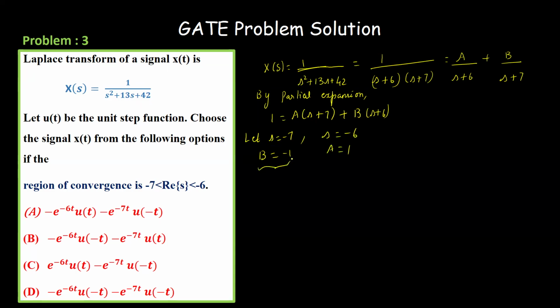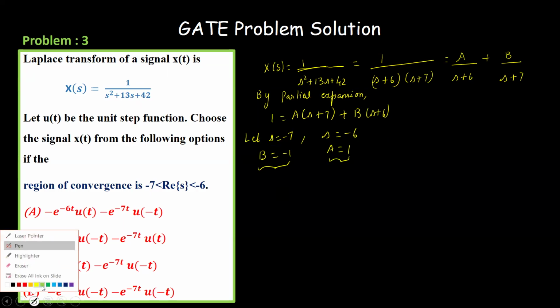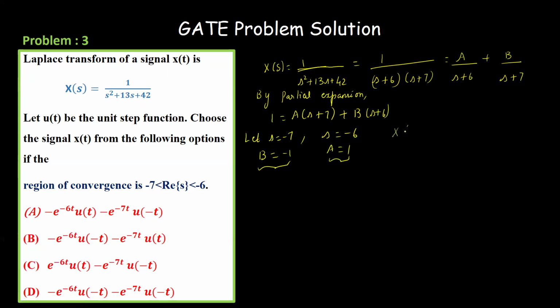So by substituting B and A in X of s, X of s will become 1 by (s plus 6) minus 1 by (s plus 7). Now we need to find the inverse Laplace transform of X of s. Before taking the inverse Laplace transform, we need to consider the given region of convergence.